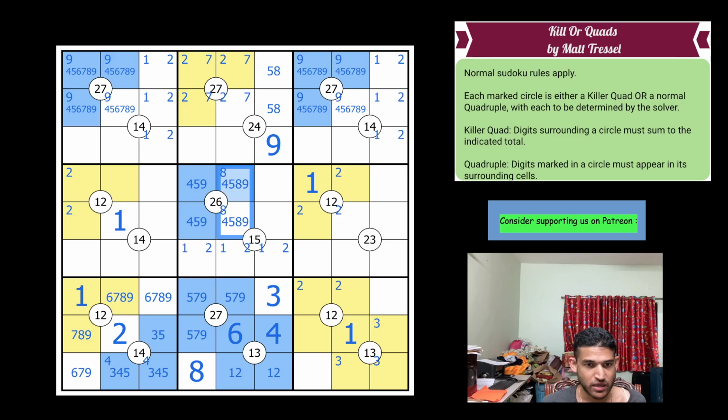3 is not in this area, so 3 goes here, which means that these 3 cells have formed a triplet now. 1, 2, 3. This is 6 and 7, so I can't have 3 here.